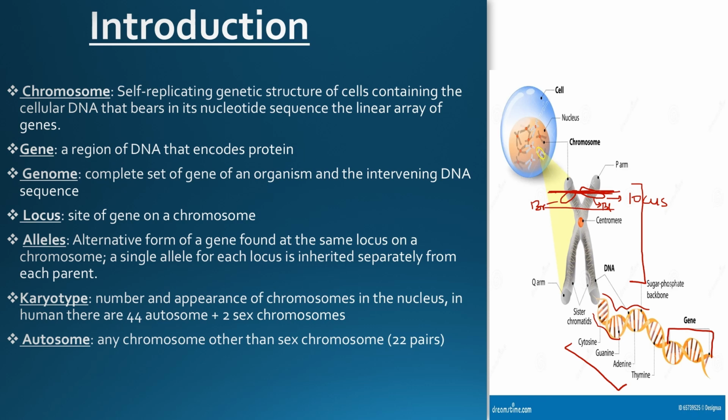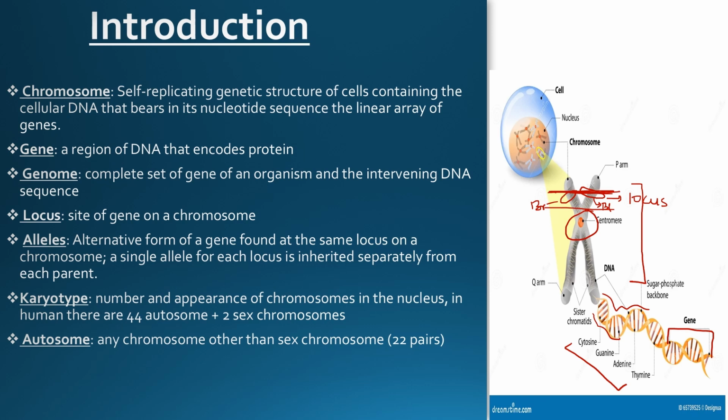And at the time of division, when this chromosome is divided and separated, the sister chromatids are pulled apart. So each allele is inherited separately from each parent.